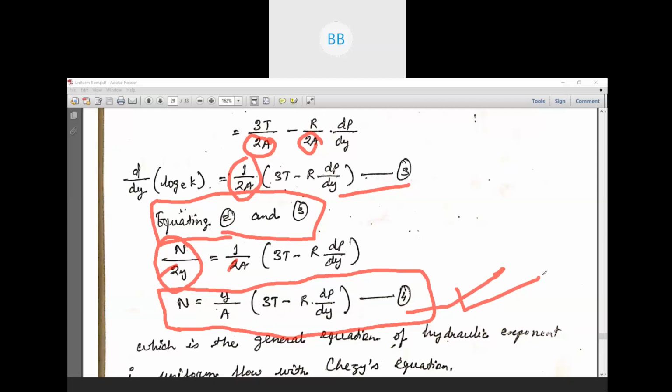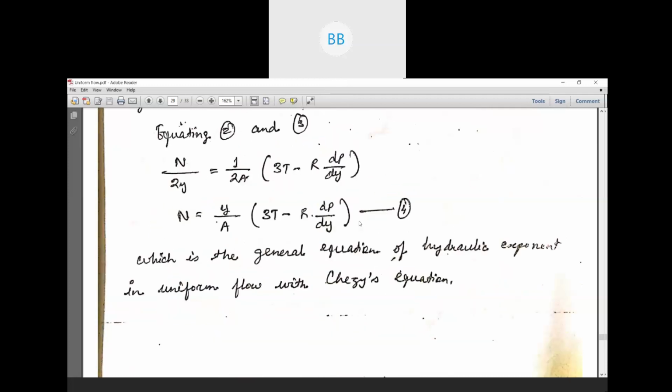So students, kindly go through the derivation. If you have any doubts, then we can discuss here. Ultimately you will get this expression, which is your general expression of hydraulic exponent in a uniform flow using Sage's equation. That is equation number 4.